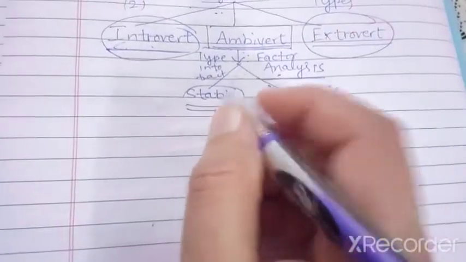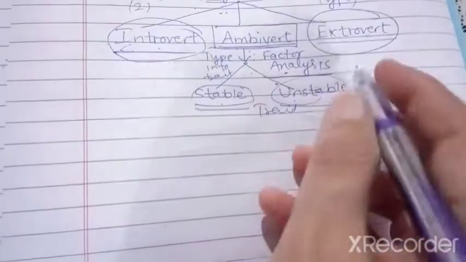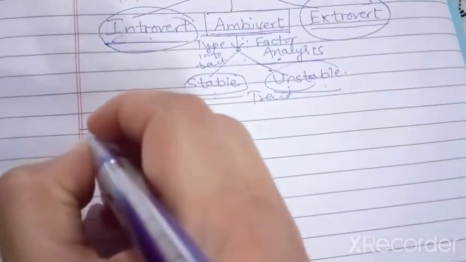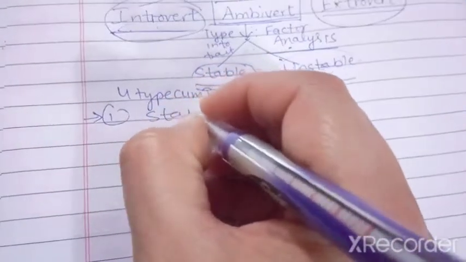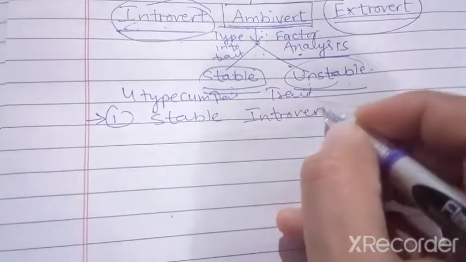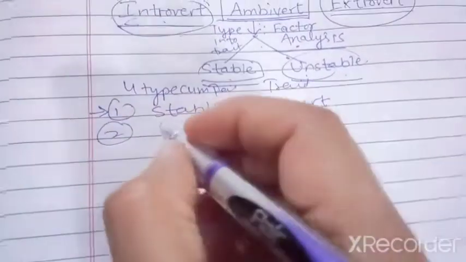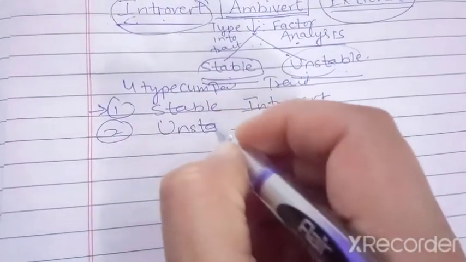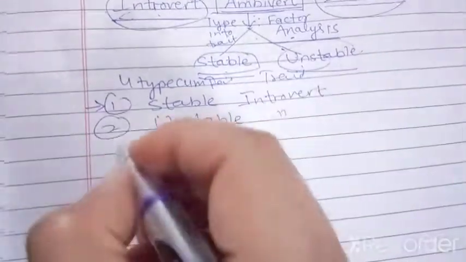Then he added these two dimensions with the types. Now we have four type-cum-trait combinations. First is stable introvert. Second is unstable introvert.